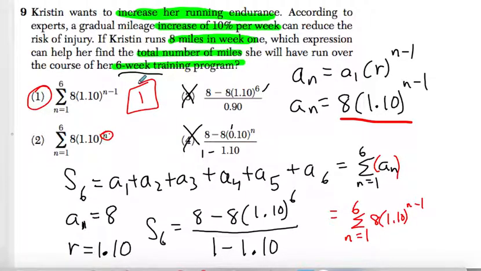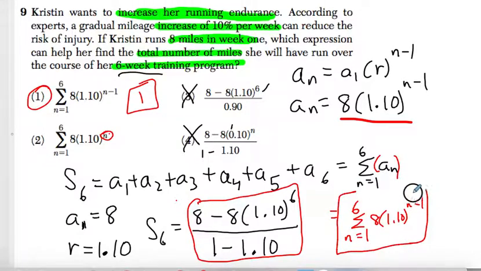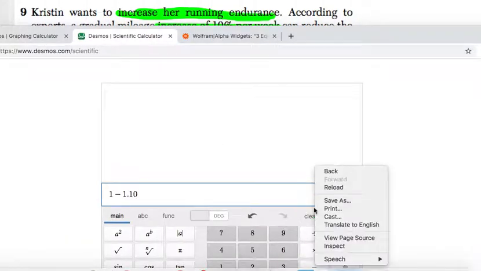Now I'm going to enter both these expressions in the calculator. I'm going to enter this expression and this expression, and you're going to see that we get the same answer regardless, okay? So let's go ahead and do that real quick. I'm going to clear this.